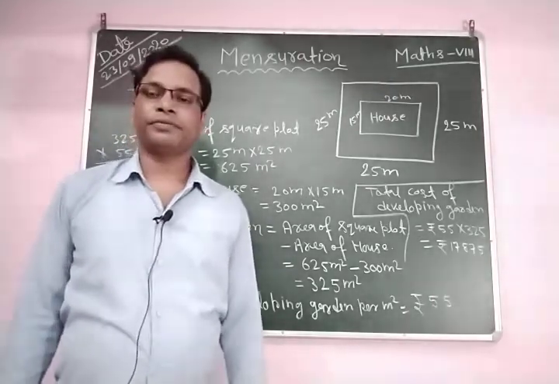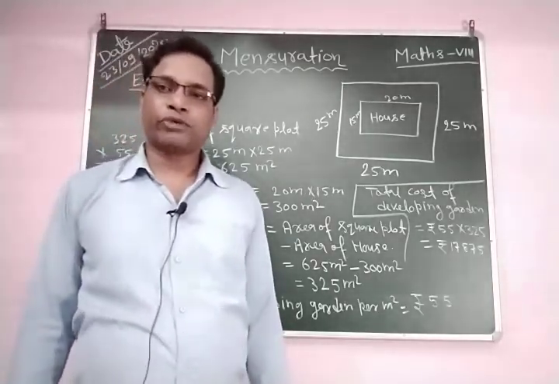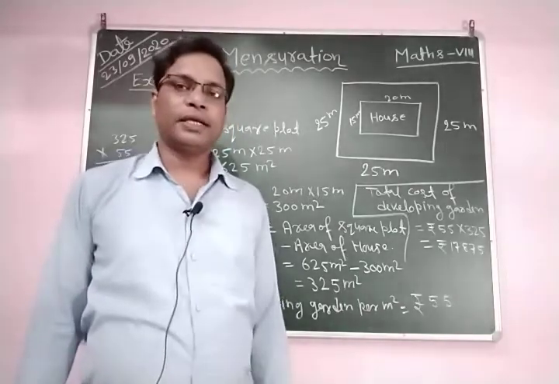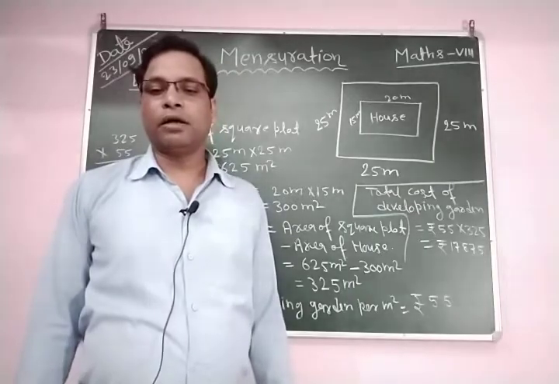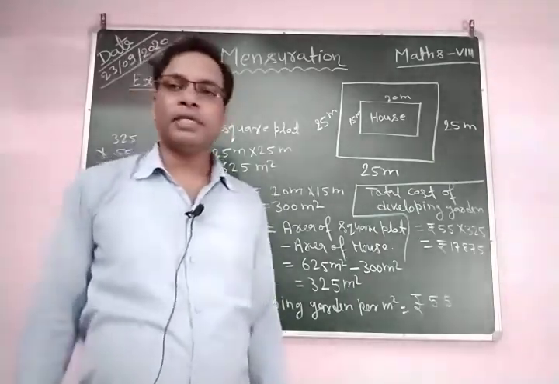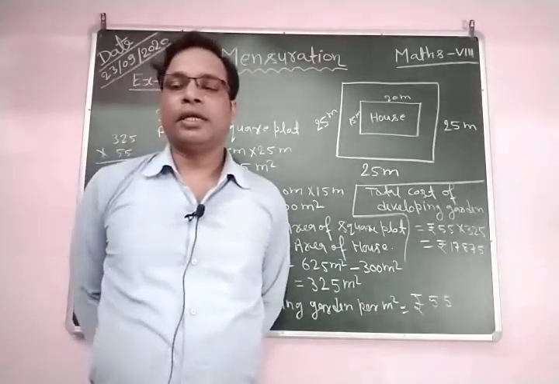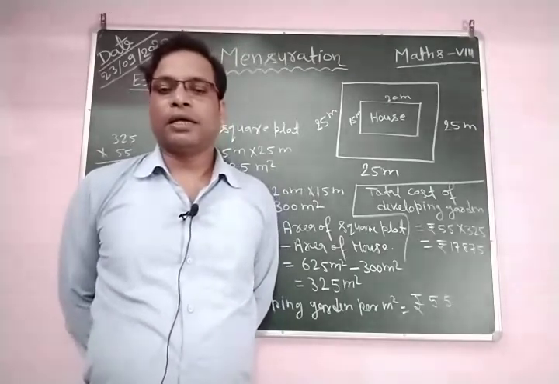In this question, a square plot is given whose side is 25 meters, and in the middle a house is constructed whose dimensions are 20 meters and 15 meters, and the remaining part of the land needs to be developed as a garden.